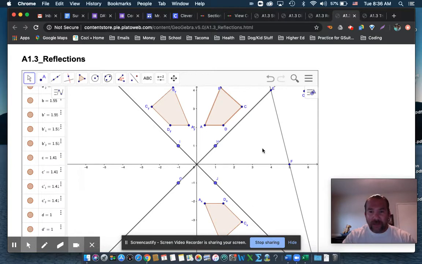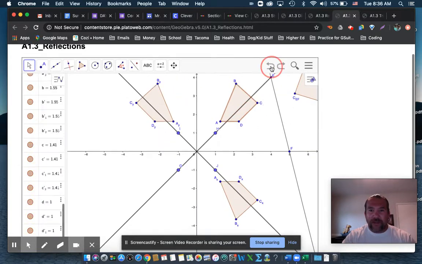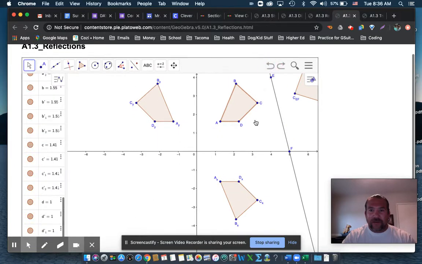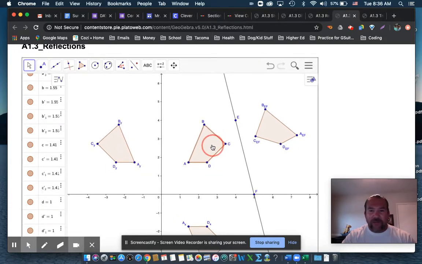Now if it's something that doesn't have a rule, let's say I have my line of reflection here. That gets a little more complicated, and I don't think we have to cover that too much.